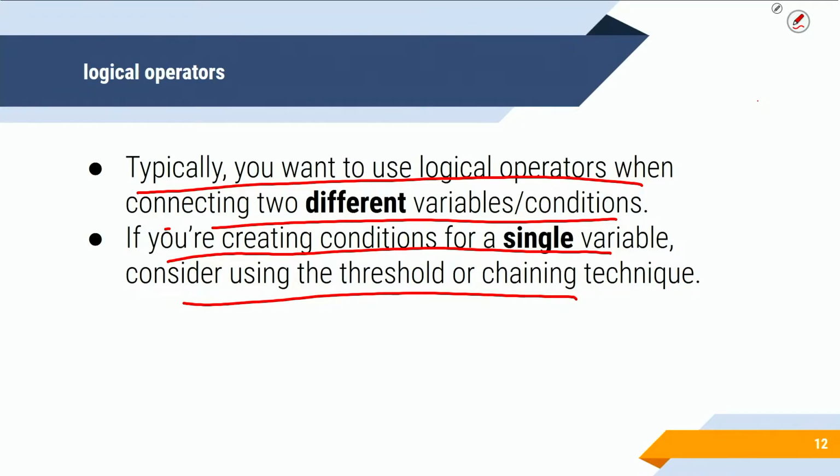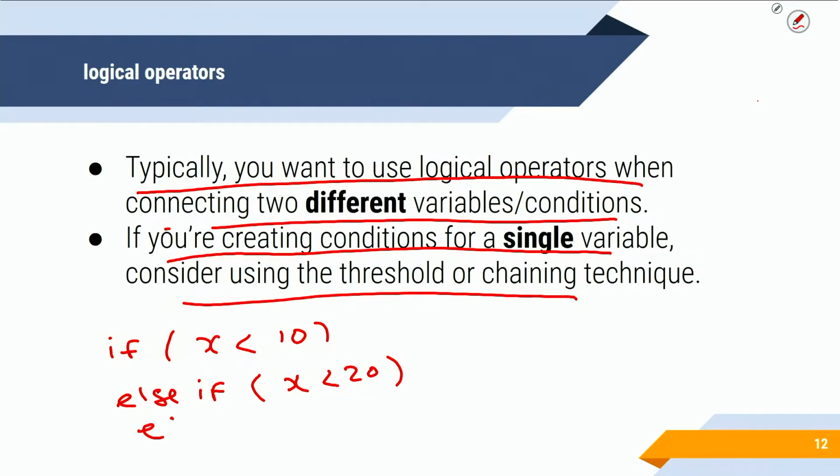For example, if x is less than 10, and the next threshold could be else if x is less than 20. And if we were looking at something greater than 20, assuming they're all positive numbers, we could just say else.